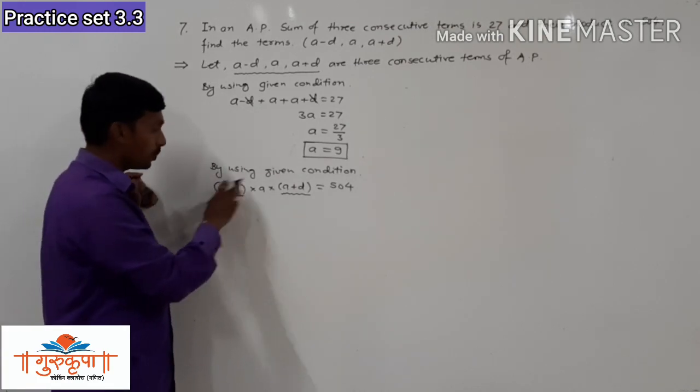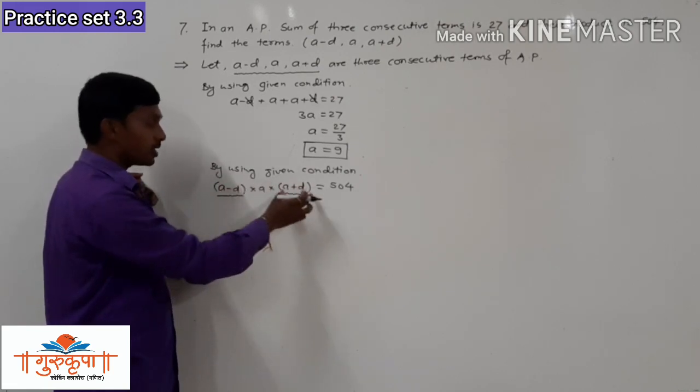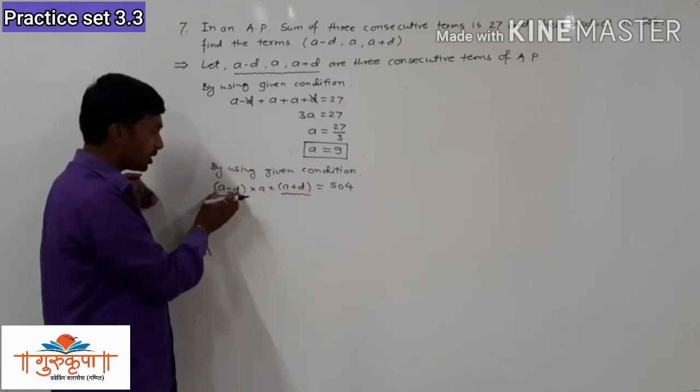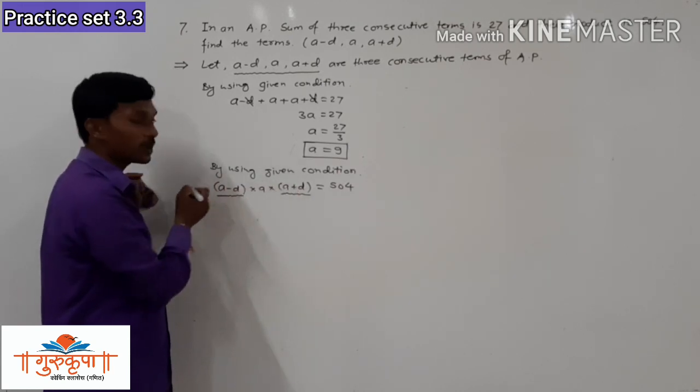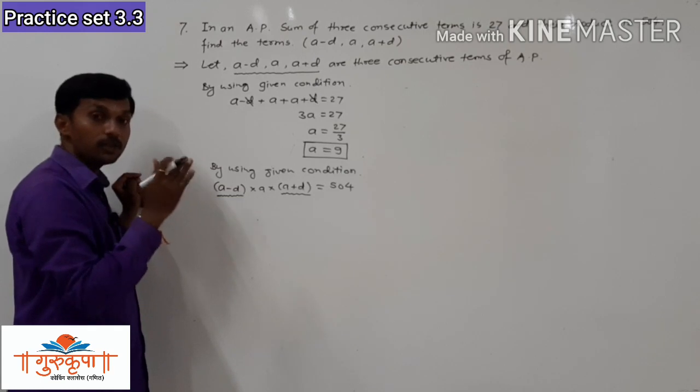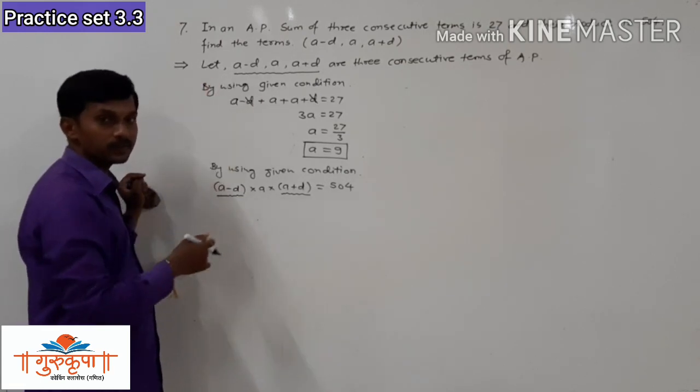This is a plus d and a minus d. Both the terms are having same variables a and d. Here we have sum and here we have difference. So that is a plus b into a minus b, so you can write it as a square minus b square.